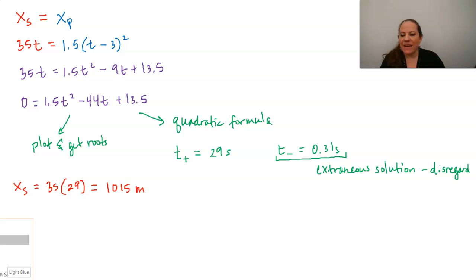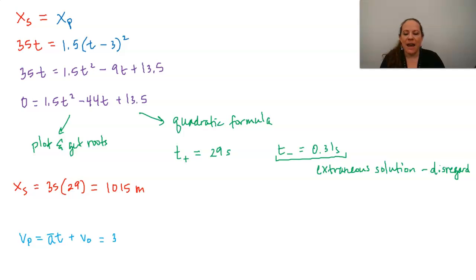And then last but not least is going to be the final velocity for our patrol car. So we need to recall the velocity time relationship for uniform acceleration, which is of course going to be acceleration times elapsed time plus the initial velocity.